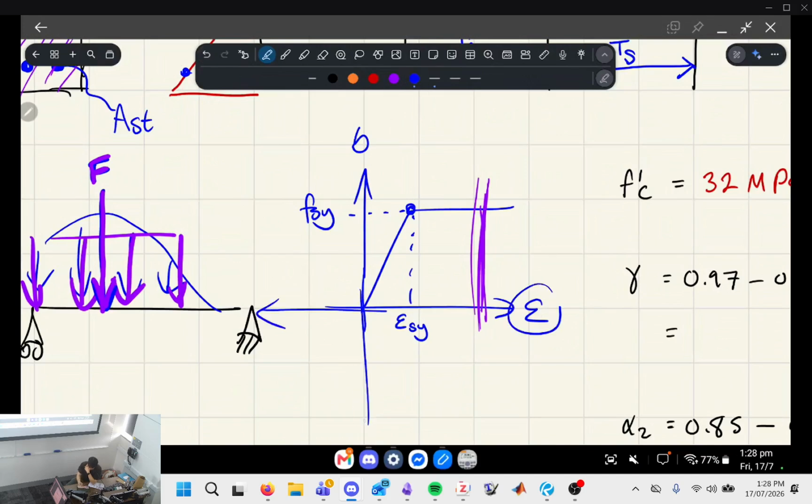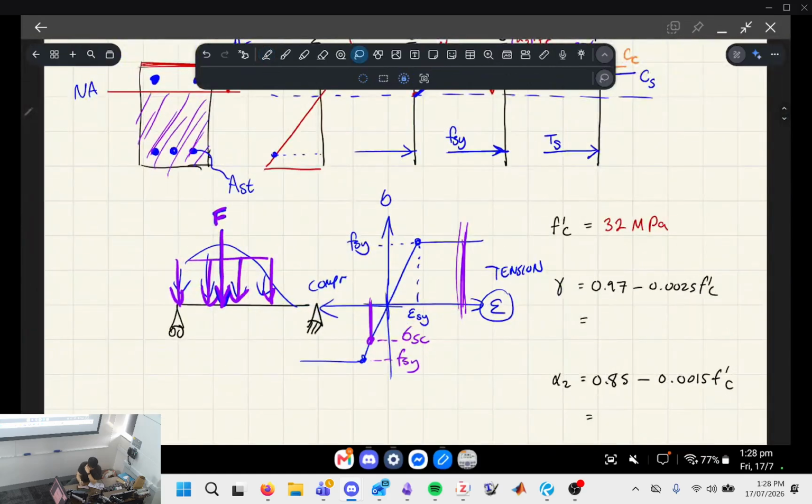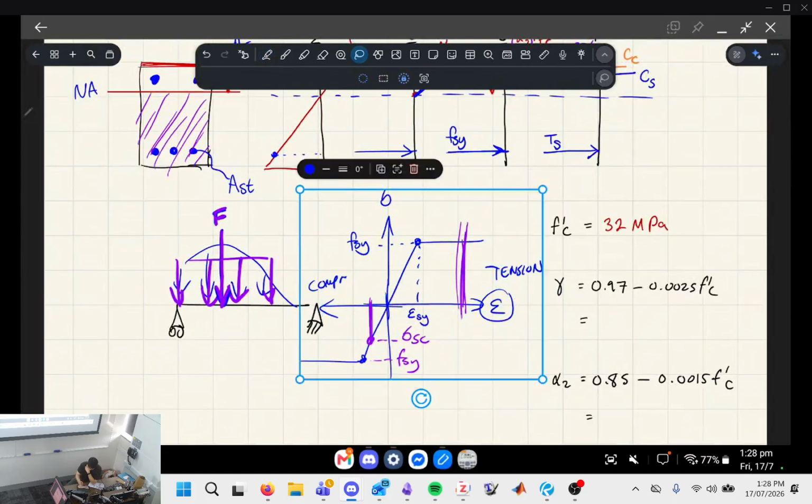This way we'll call tension, and this way we'll call compression, okay? It's going to be mirrored, so the material properties are the same. But the compressive steel is actually here somewhere, okay? So it hasn't reached this point here, FSY. It's only reached sigma SC, okay? This might trip you out, right? But this is actually how the material curve is overlaid. Boom.